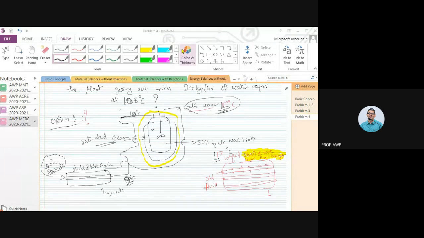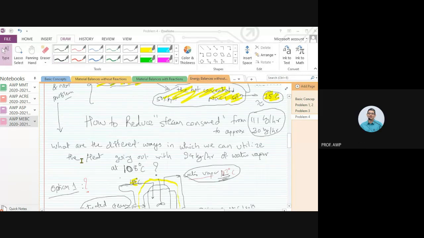Now, if you think about this yellow control volume, as far as the evaporator is concerned, it is not seeing seawater at 30 degrees centigrade. It is seeing seawater coming in at, let's say, 100 degrees centigrade. So to that extent, don't you think the amount of saturated steam that I'm going to require will reduce? Yes, sir. Right.